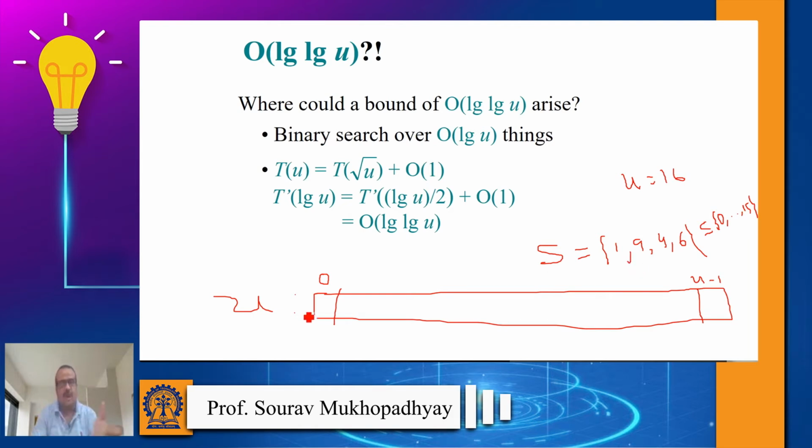How to insert? If the element is present, we put 1, otherwise we put 0. So 1 is present, we put a 1 over here. Then 4 is here, we put a 1 for 4. Then 6 is here, we put a 1 over here, and 9 is here.